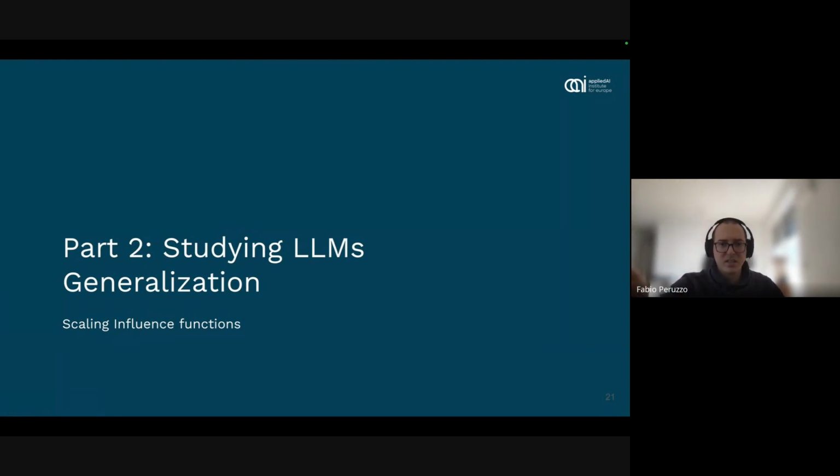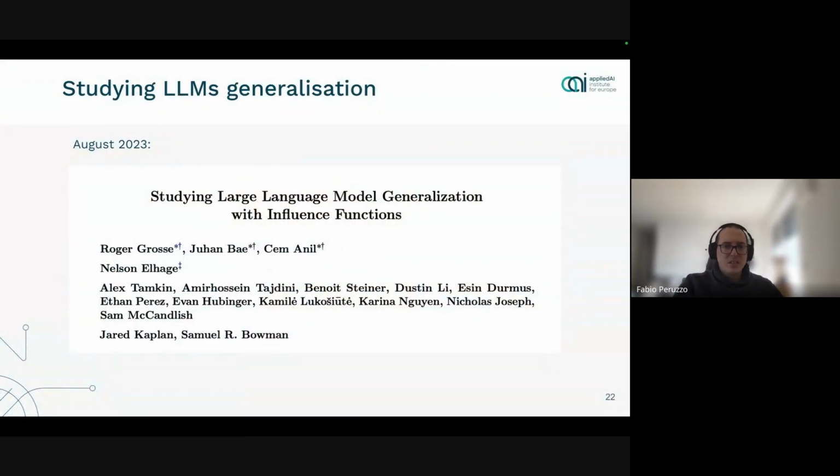The title is Studying Large Language Model Generalization, and I think the key innovation that the Anthropic team, but also the whole team, brought was the ability to scale influence functions to massive models. The paper was published a little bit more than 6 months ago, so it's very, very recent.